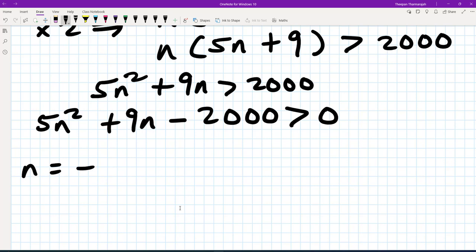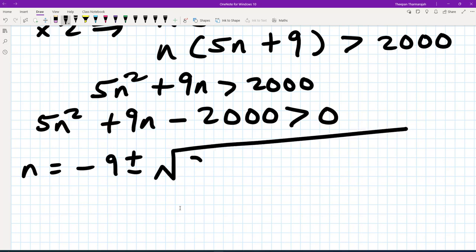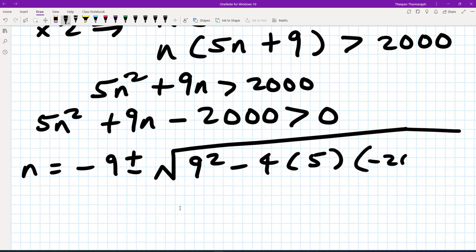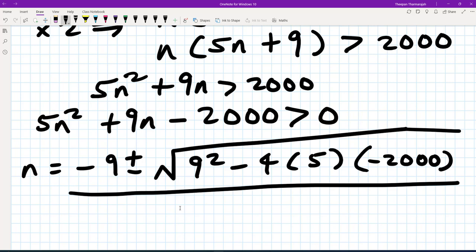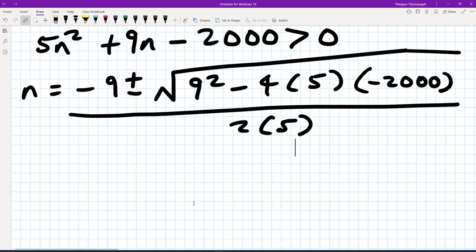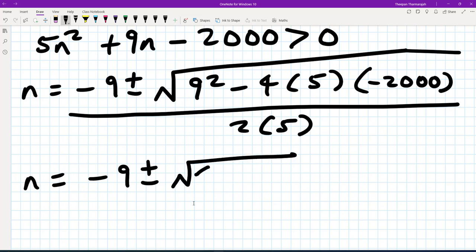So n is minus 9 plus or minus the square root of 9 squared minus 4 times 5 times minus 2,000, all divided by 2 times 5. Simplifying our quadratic formula, we get n equals minus 9 plus or minus square root of 40081, all divided by 10.